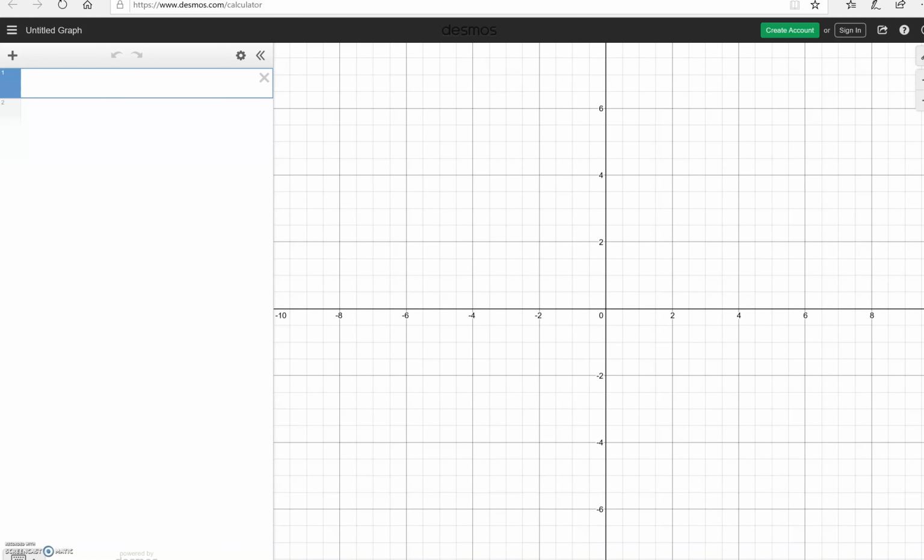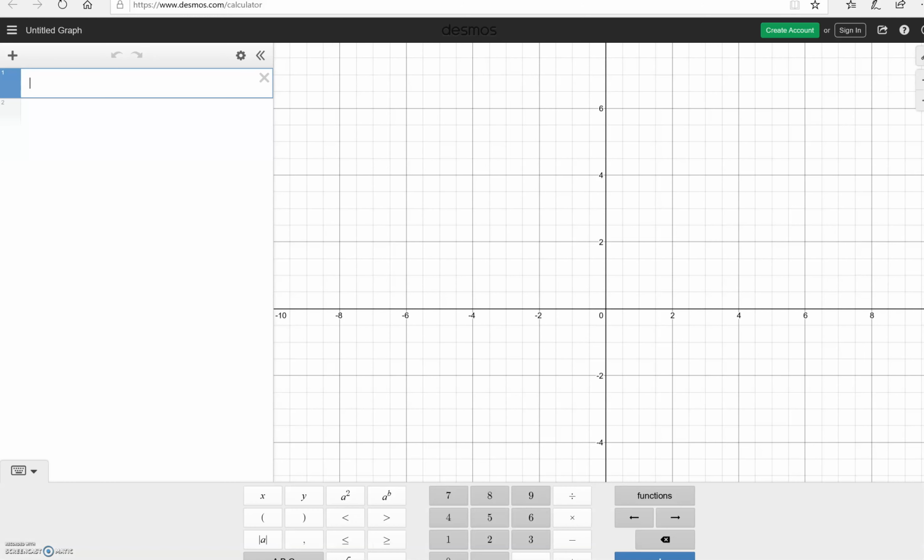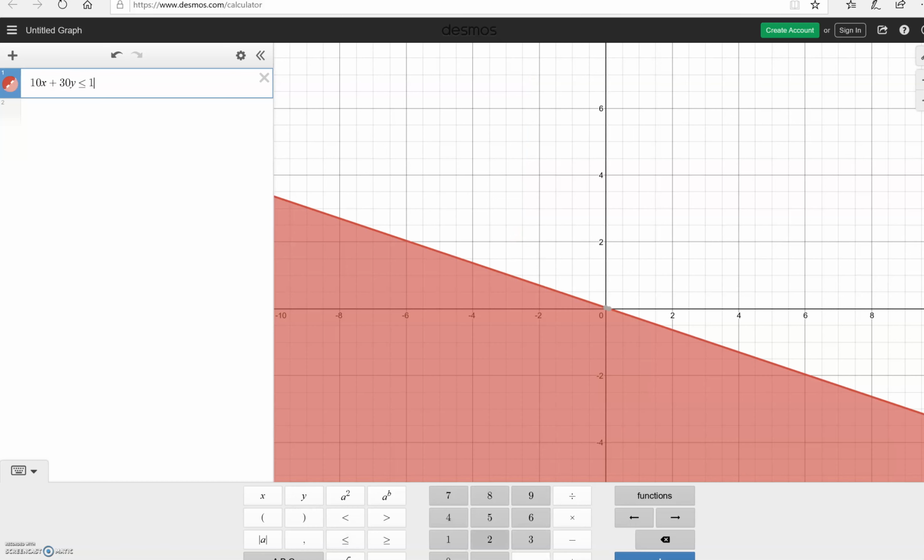My first function, 10x plus 30y is less than or equal to 1200.